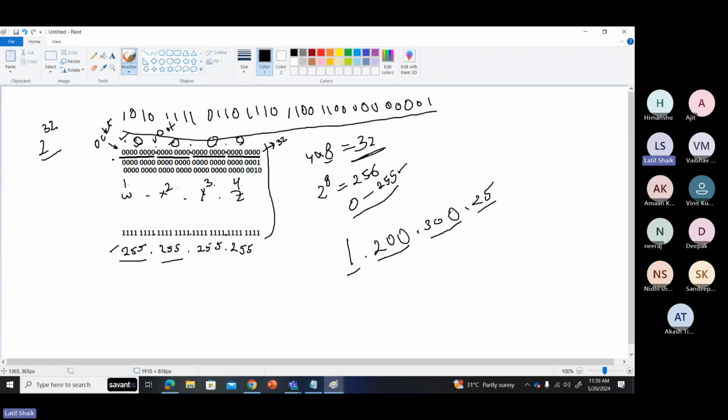It is more than 255, so it is a wrong IP address, not valid in any special cases either. Okay, guys, understand? No octet is more than 255.